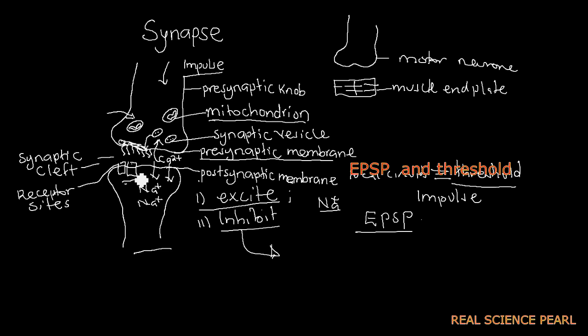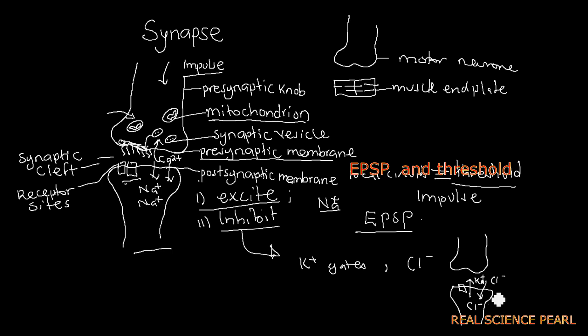Potassium ions from the postsynaptic membrane move out into the cleft, and the chloride ions from the cleft enter into the postsynaptic membrane.